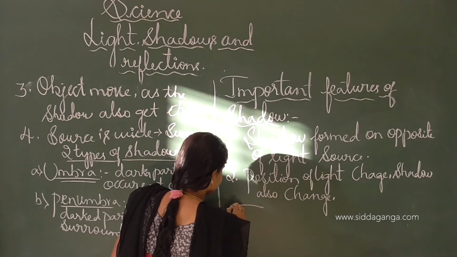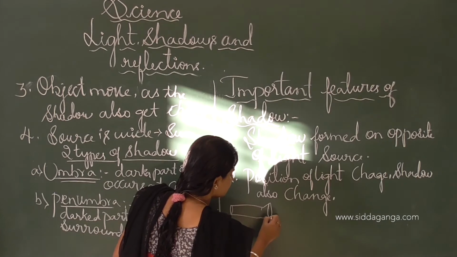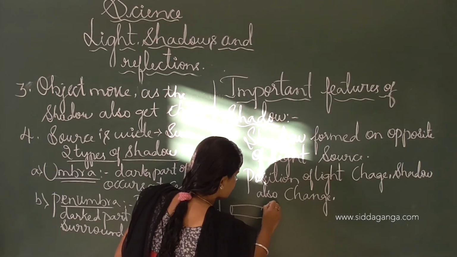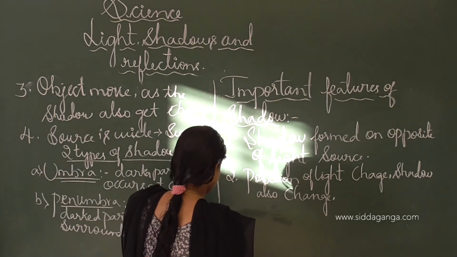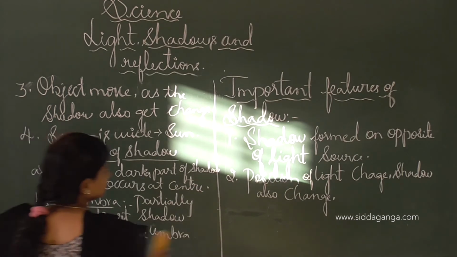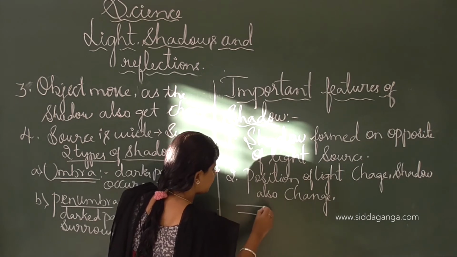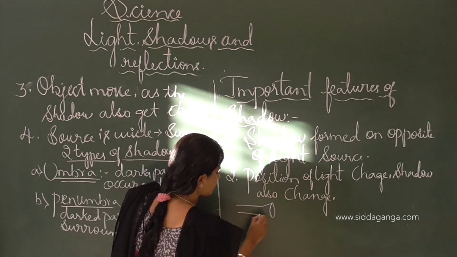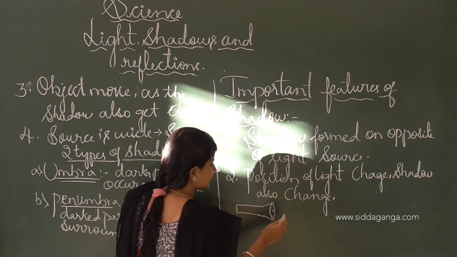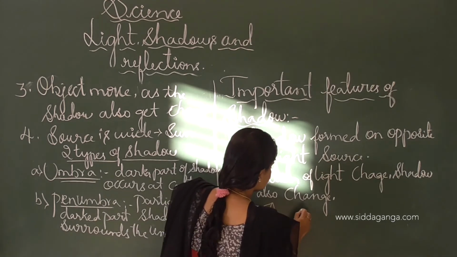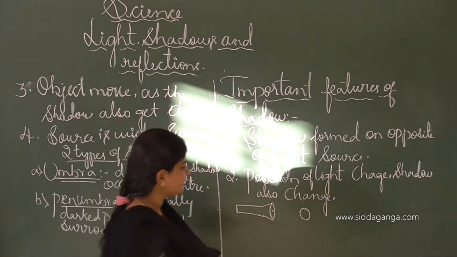If I put the torch and focus the light on a ball, for example, here I take the torch, and in front of the torch the rays fall on the ball or some round shaped object.